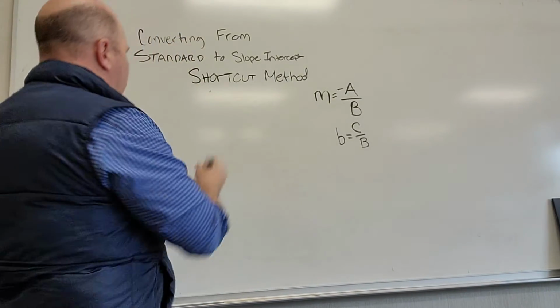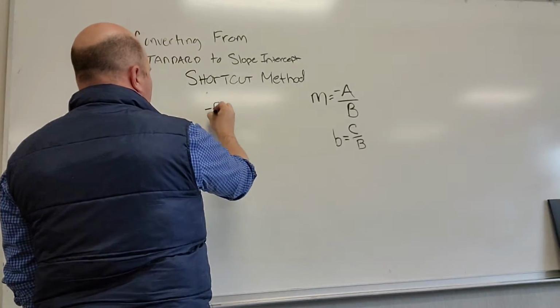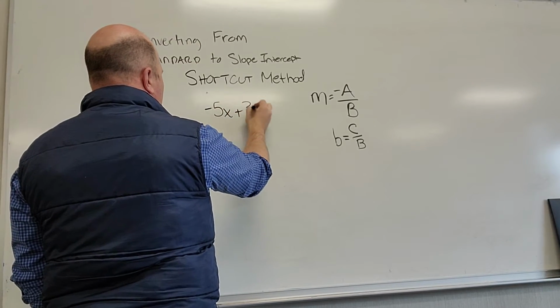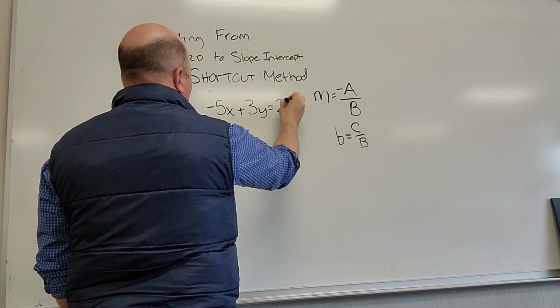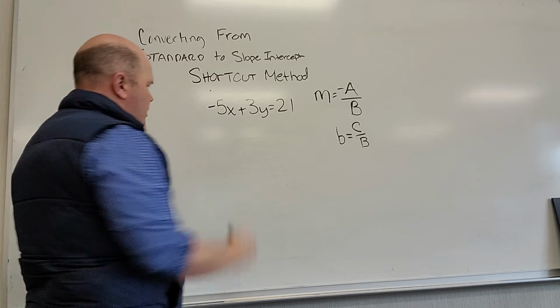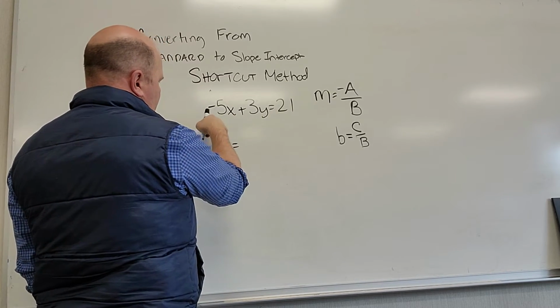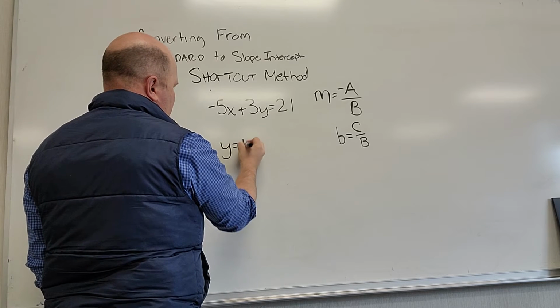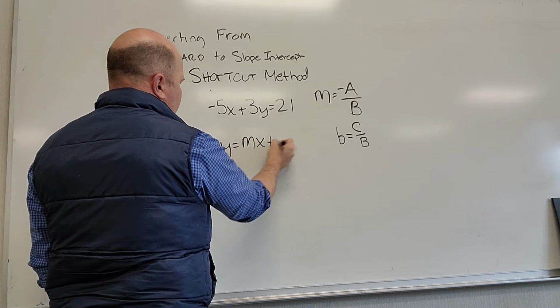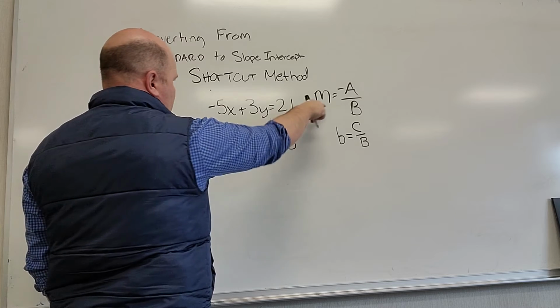This time we'll say negative 5x plus 3y equals 21. In this case, my slope is going to be the opposite of negative 5. We'll write it out this way: mx plus b is the equation. This is my slope.